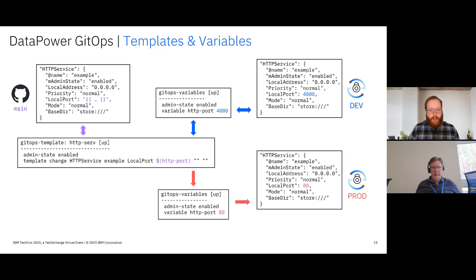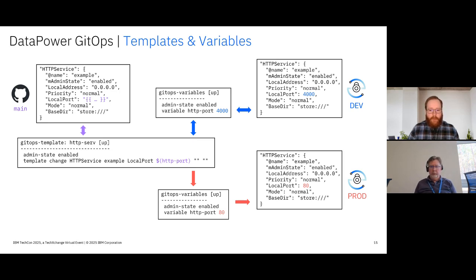And so that means that any device that wants to pull and deploy this configuration must set that variable in order to deploy this config. So then on the right side, you can see two different environments. You've got a dev environment and a production environment. And each environment there can set up their own value for the HTTP port variable. You can see in production, it's 80.